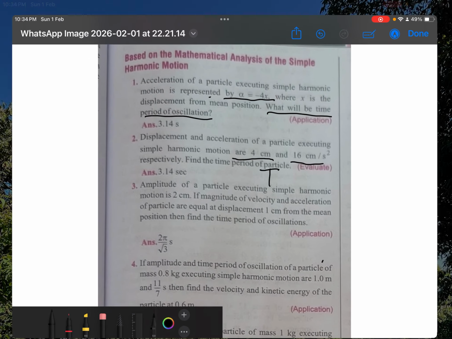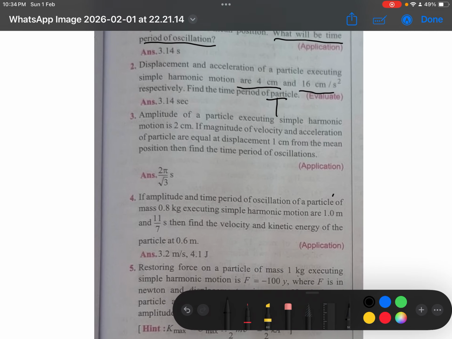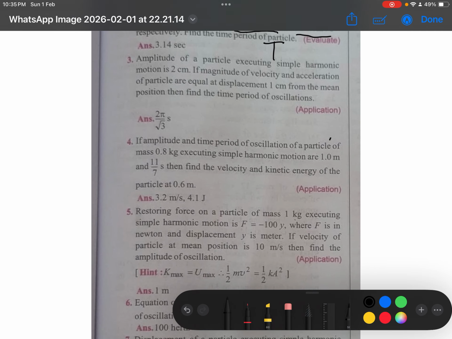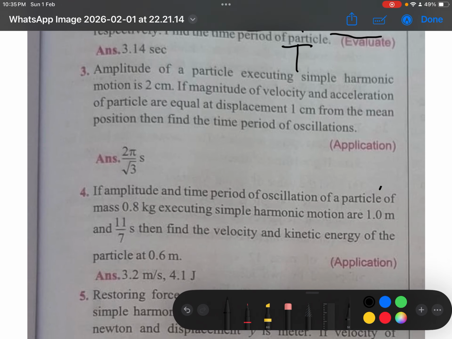Now you can see the third question. Here the amplitude of the particle executing SHM is given. Amplitude is denoted by the symbol A. A is given as 2 centimeter.